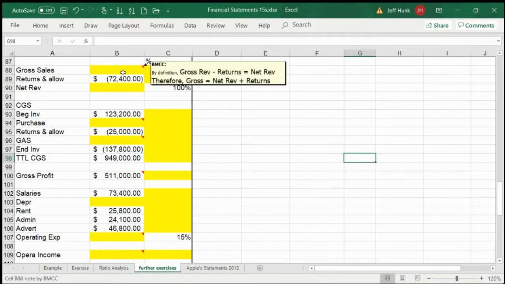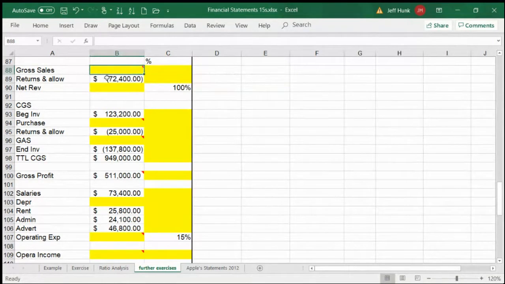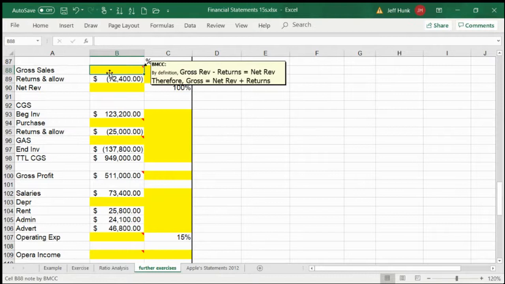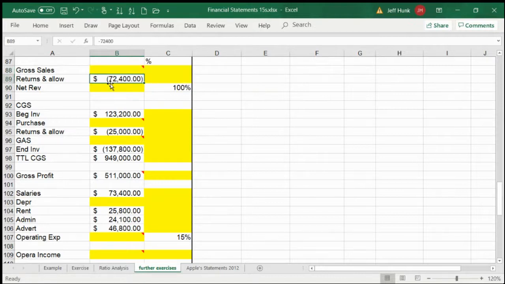First of all, how do you know what gross sale is? Gross revenue, right? Of course, if you knew net revenue, then net revenue is the result of gross revenue minus returns and allowances.